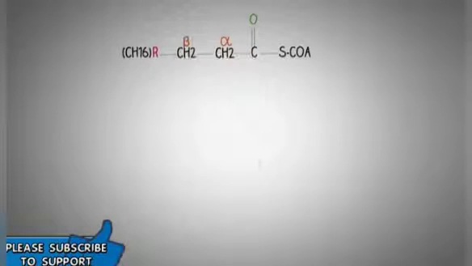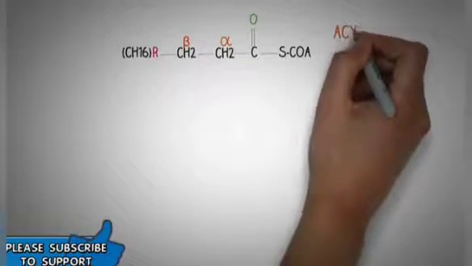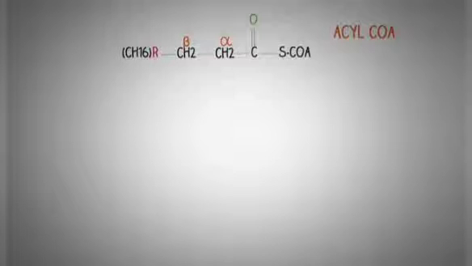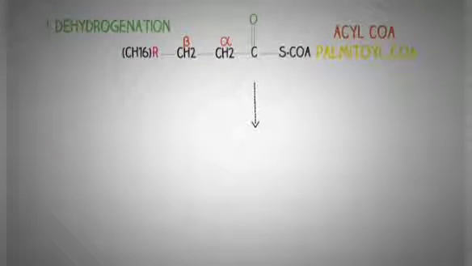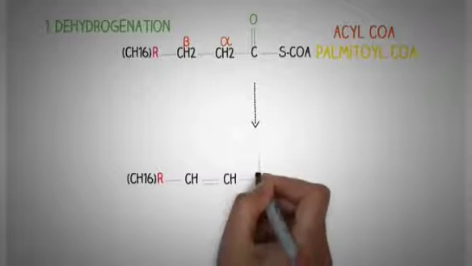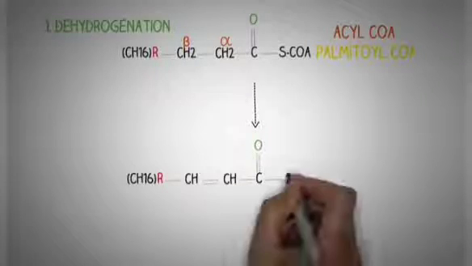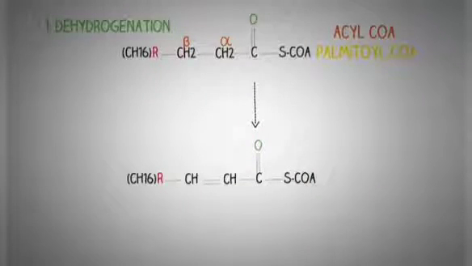You can see the alpha and the beta carbons of this fatty acid. The first reaction that takes place in the series of beta oxidation is a dehydrogenation reaction, which means removal of hydrogen. Hydrogen atoms are removed along the beta and the alpha carbons, which causes the formation of a double bond between them.